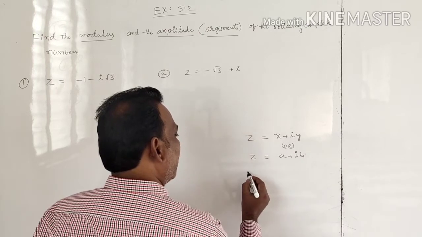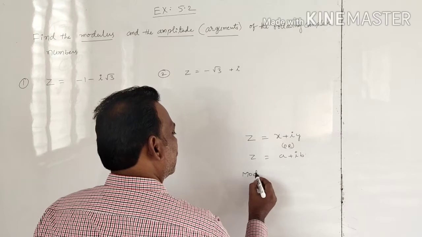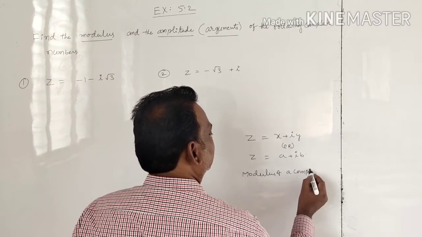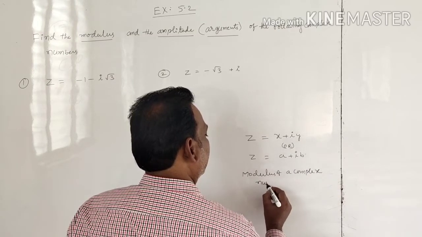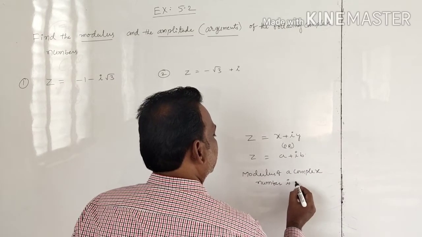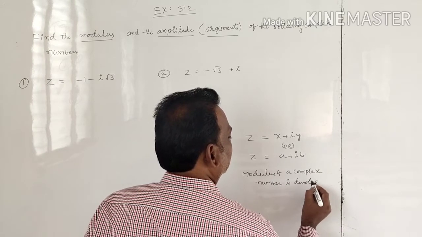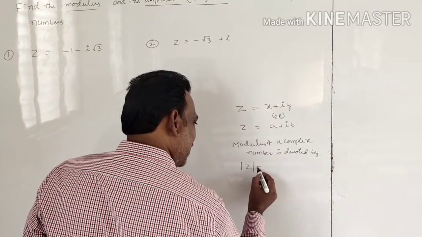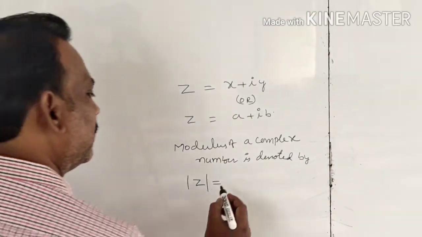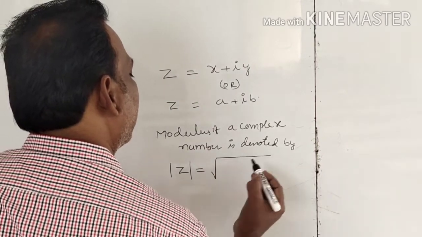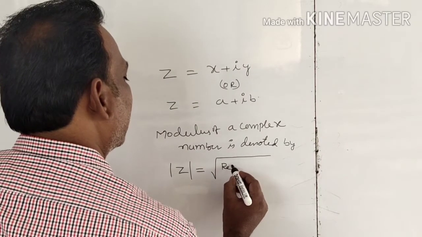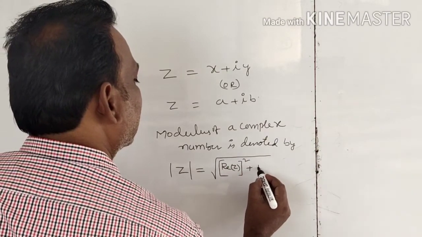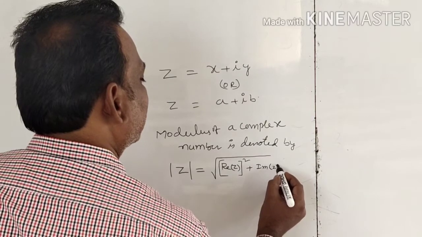So the modulus of a complex number is denoted by mod of z. Remember it. What is the formula for mod of z? Very easy formula: under root, real part of z the whole square plus imaginary part of z the whole square.